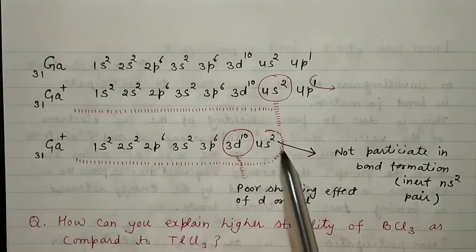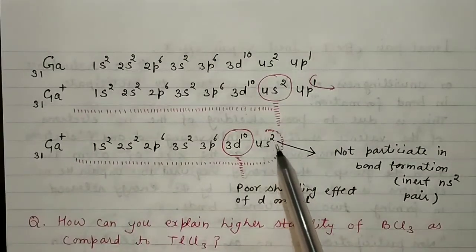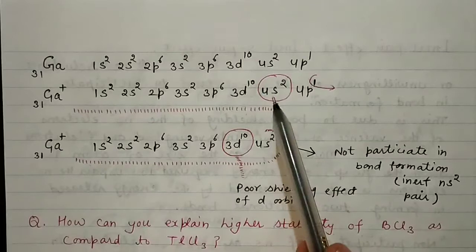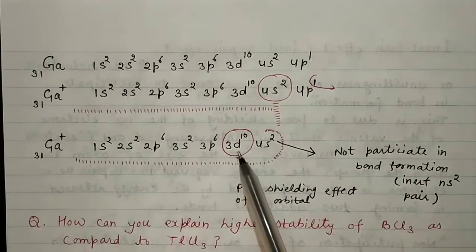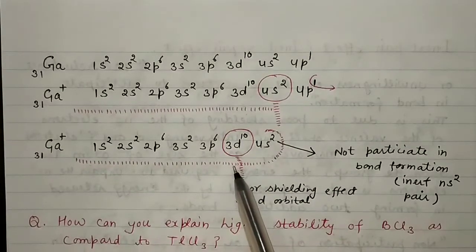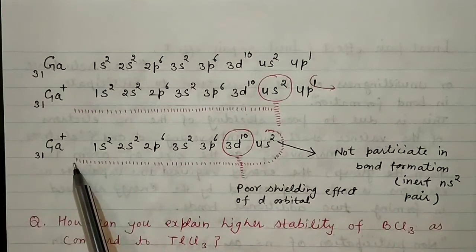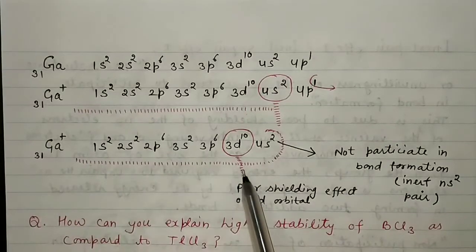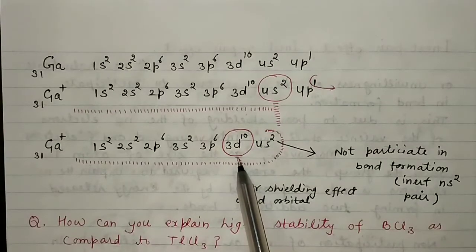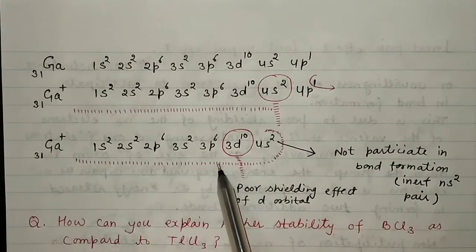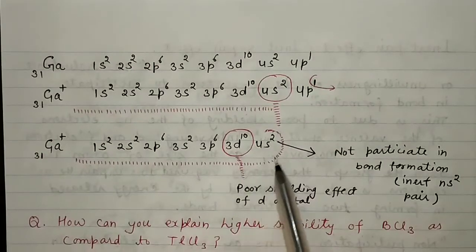Now further, if we want to remove the s2 electrons from the S orbital, then that depends upon the next immediate shell, that is d, and d has the poor shielding effect. Because of the poor shielding effect of the d orbital, the effective nuclear charge will be so high that it cannot be prevented by this d orbital, so it will be felt by these two electrons.